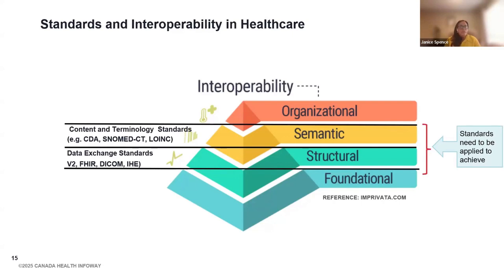And then the fourth level is organizational. Organizational level interoperability, I think, is least often discussed, but it's also just as crucial. This is where governance, policy, social, legal, and organizational considerations that facilitate that secure, seamless, and timely exchange and use of data, both within and between organizations, are enabled.